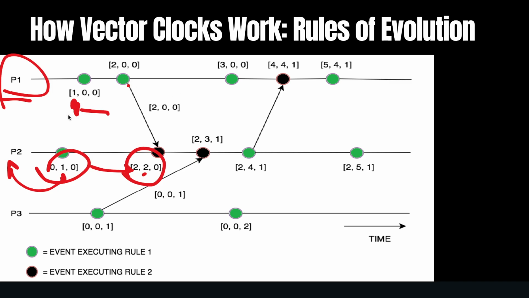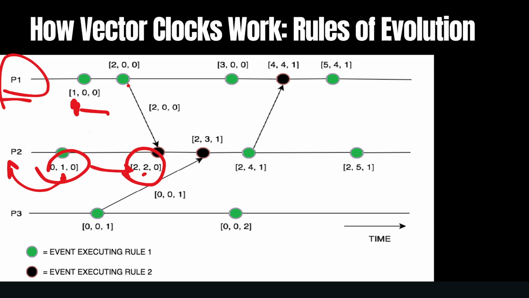For example, we have event A will happen before event B if, let's say, VCA is less than VCB, meaning every entry in VCA is less than or equal to the corresponding entry in VCB, and at least one entry is strictly less.